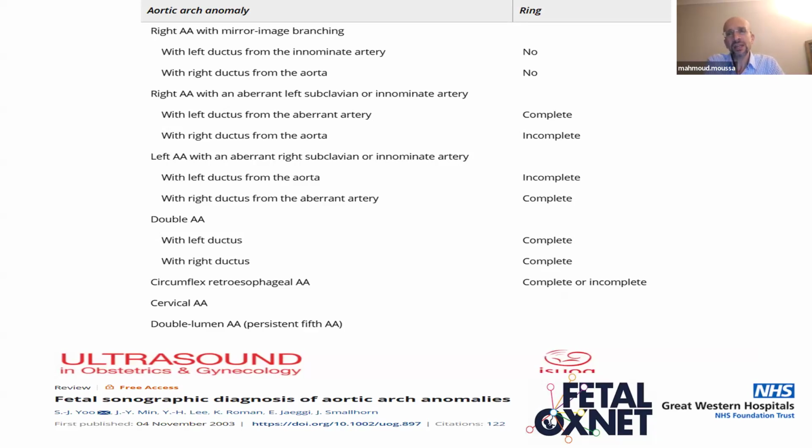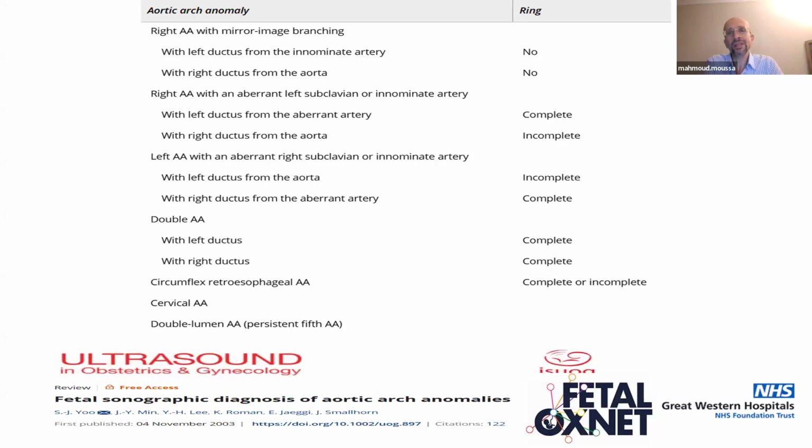The significance of these anomalies is in two things. This is the association with other heart problems and the severity of those abnormalities, but also because this aortic arch is lying in a critical part of the baby chest.